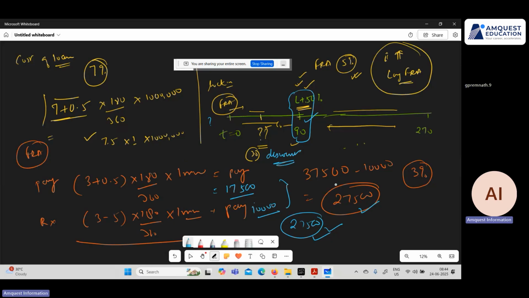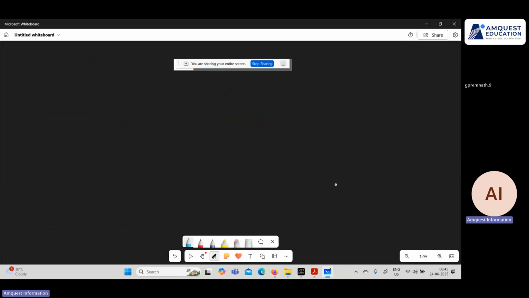So it will become a simple TVM question where you have to bring it back to this value. Got it. So one of the options in the exam would be 26,500, 27,500, and one of the options would be, let's say, 25,580, which will be the discounted value of this. So always read the question, always create a timeline, and see where they want us to answer and at which point in time. Clear. All right.